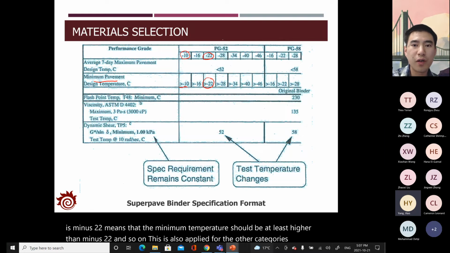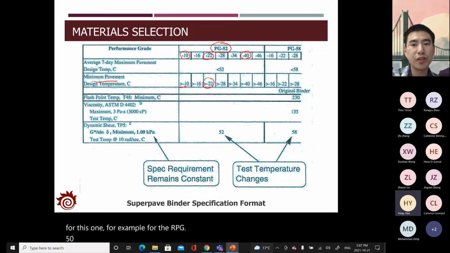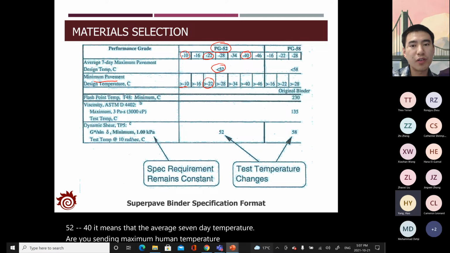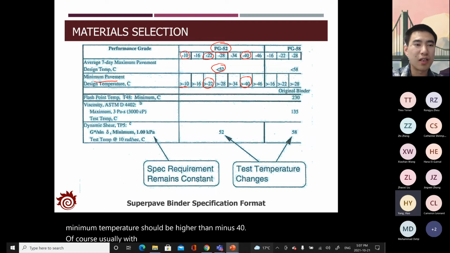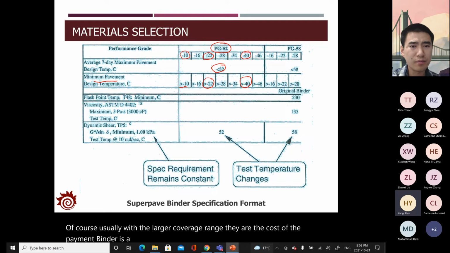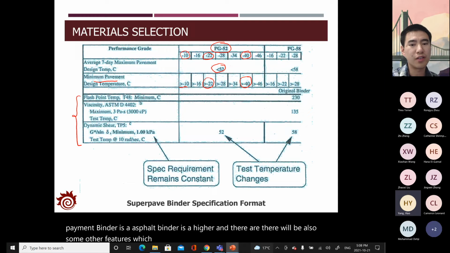So for example, for PG 52-40, it means that the average 7-day maximum pavement temperature should be less than 52, and the minimum temperature should be higher than minus 40. Of course, usually with a larger coverage range, the cost of the asphalt binder is higher. There will also be other features considered, such as the dynamic shear strength.